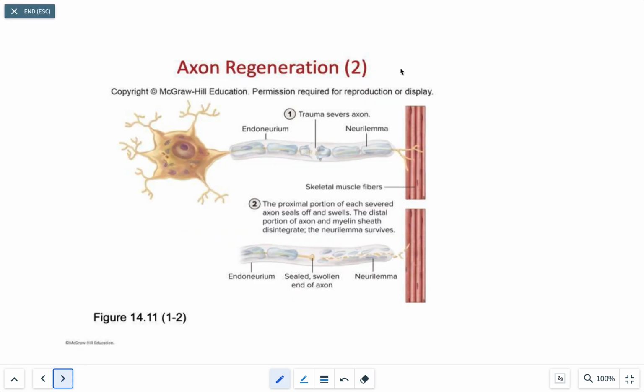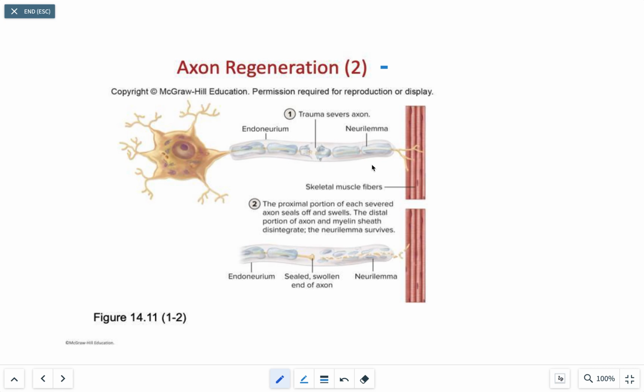Axon regeneration also goes by another term, called Wallerian degeneration or regeneration. This is associated with the neurolemmacytes. This illustration will specifically be talking about the neurolemmacytes, otherwise known as the Schwann cell.